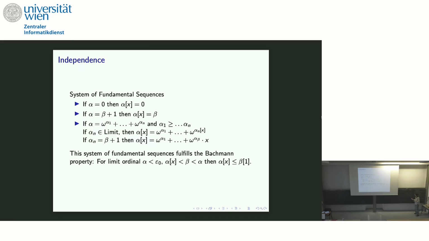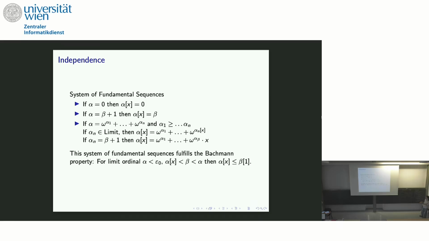If I have, say, omega to the omega, then this is omega to the omega x, so omega to x. And if I have omega squared, this is omega times x. Okay? And what this Bachmann property says is that your fundamental sequences are behaving nicely.